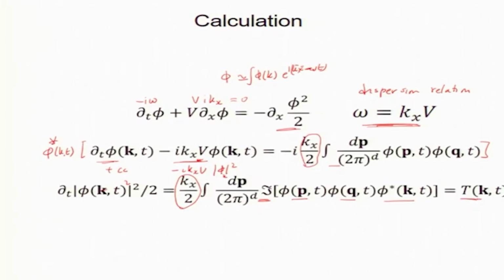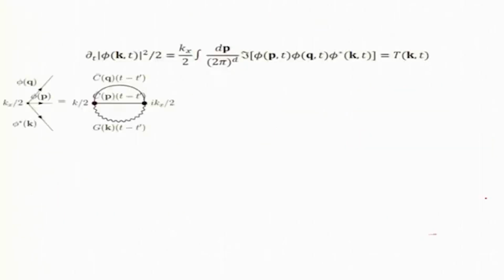So, this mod phi k squared is changing with time because of this nonlinear term. Had it been a pure wave, Tk would be 0, right, pure wave means the nonlinear term is 0. So, mod phi k squared does not change with time, but now we have the nonlinear term, that is why phi k changes with time, and this is the Tk.